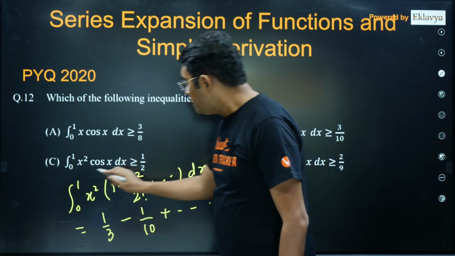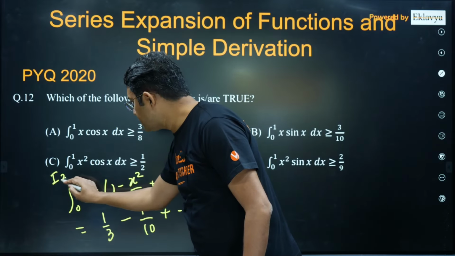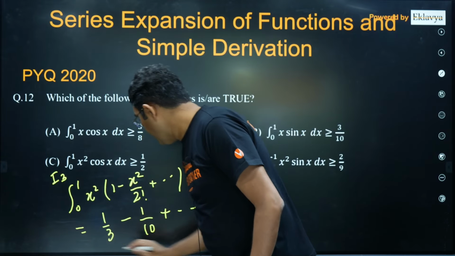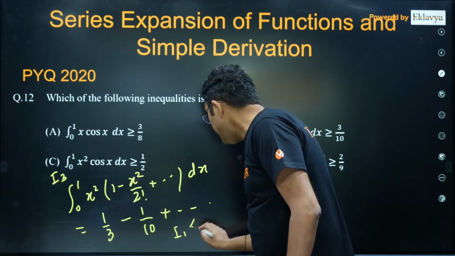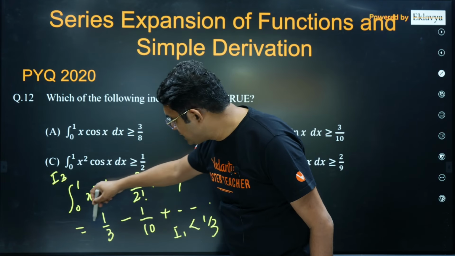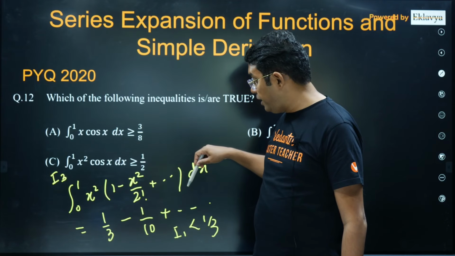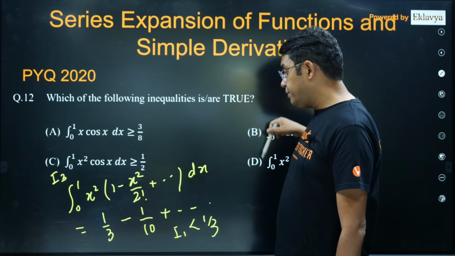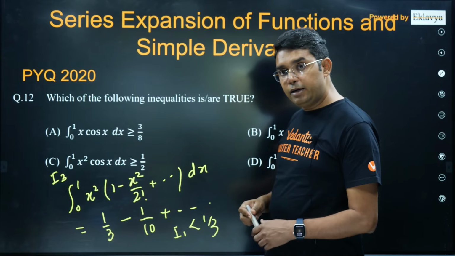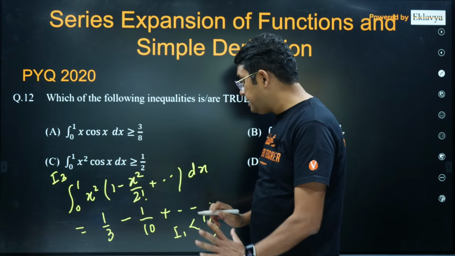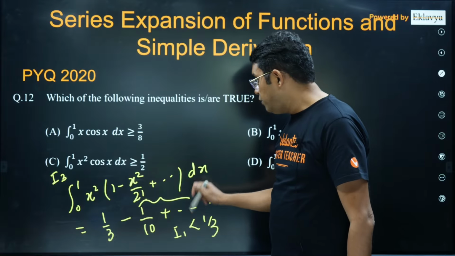So you can see the integral of C part, let's say I3, will be lesser than 1 upon 3, because we are subtracting something from 1 upon 3. Then there will be a positive term, but that will again be subtracted by some other term. So overall, it will be less than 1 upon 3. Coming to the next term, if you combine these two, what will be the next term?